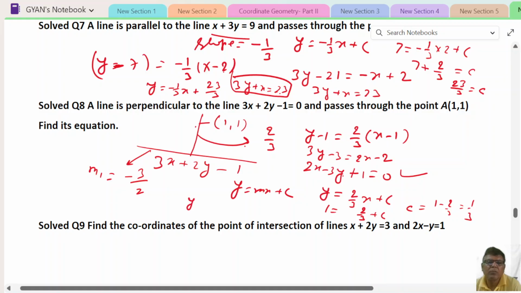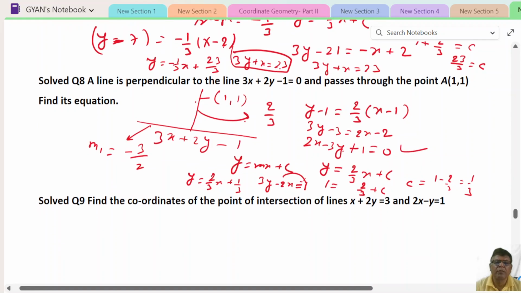So y is equal to 2 by 3 x plus 1 by 3, that is 3y minus 2x minus 1 is equal to 0. So both ways you are getting the same answer.